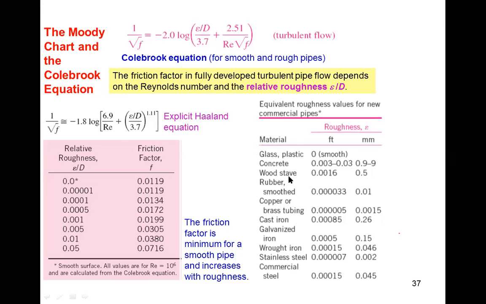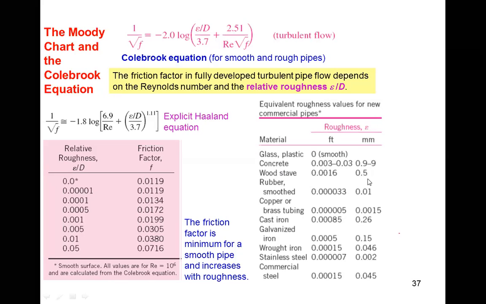Concrete, you have here, the roughness value seems to be extremely high. If you don't put a cement coating later on, the concrete is highly rough. So in terms of mm, the roughness is 0.9. In terms of feet, the roughness is 0.003. So either of those would be provided to you.